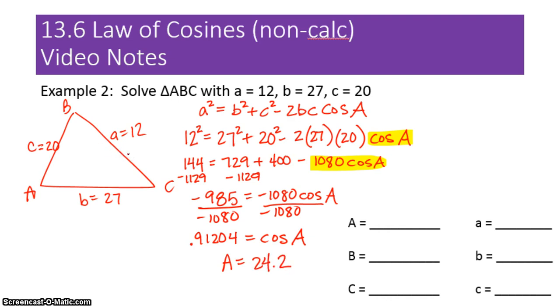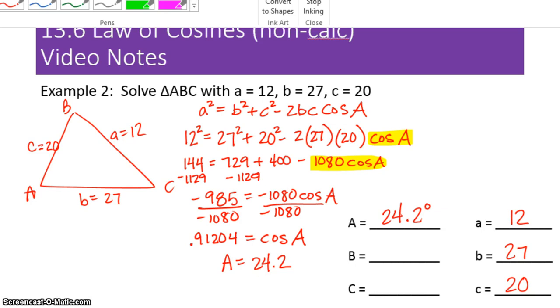Okay, so a lot of work when we're missing the angle. So angle A is 24.2 degrees. Side A is 12, side B is 27, and side C is 20. And we're not finished. So what we need to do now is find the other missing angles.